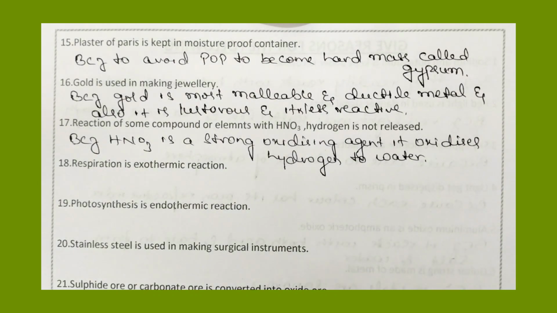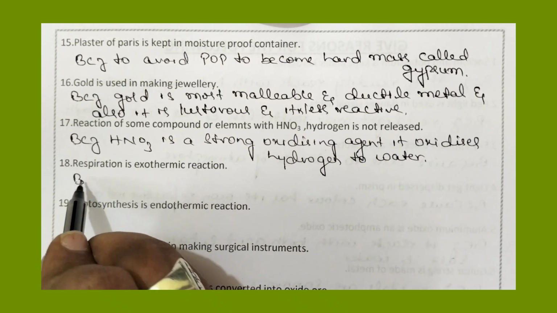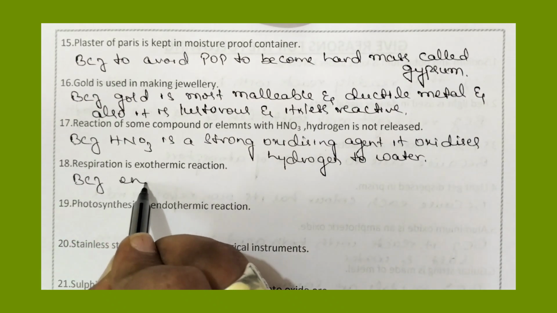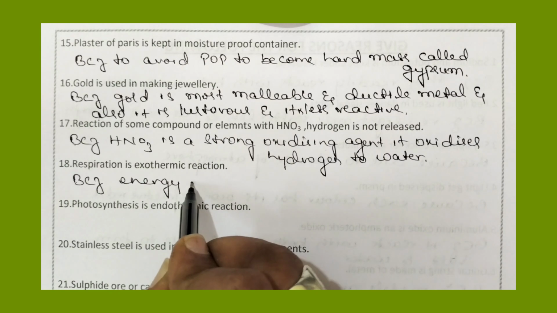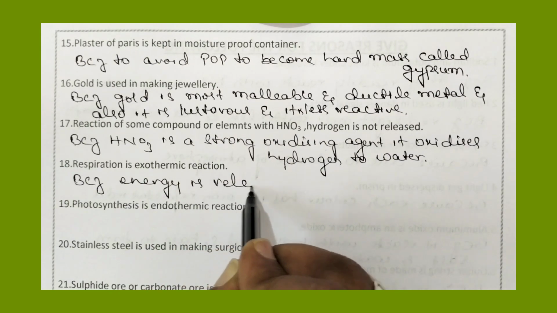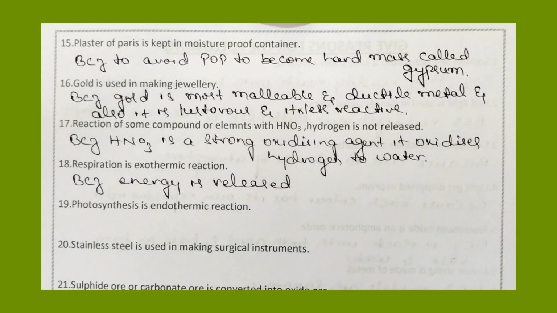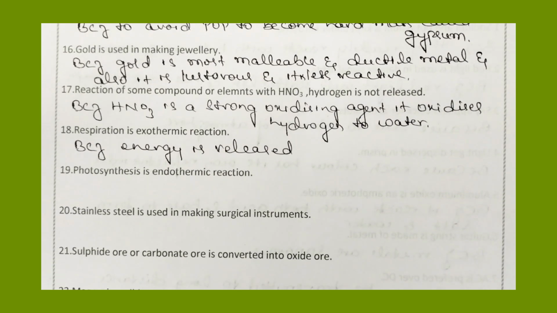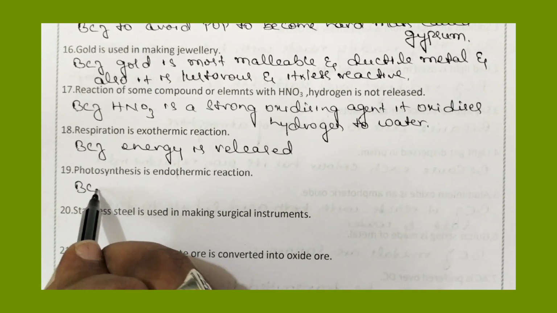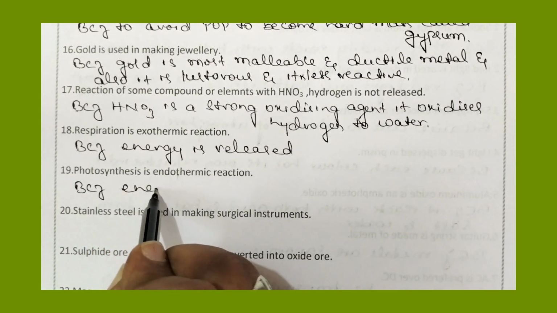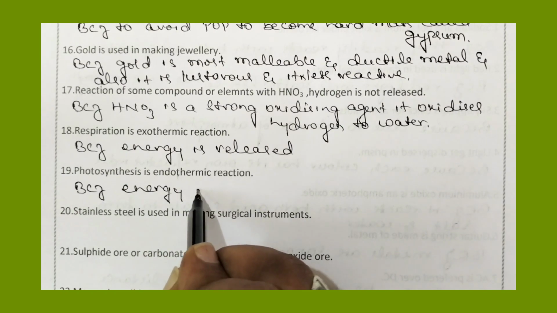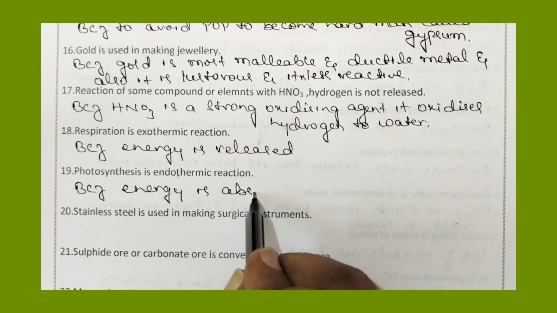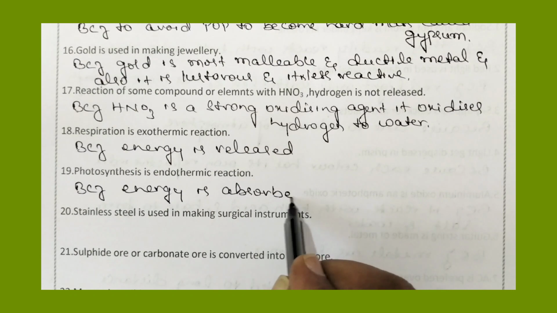Next, respiration is exothermic because energy is released. Then, photosynthesis is an endothermic reaction because during photosynthesis, energy is absorbed, that is, light energy is absorbed.